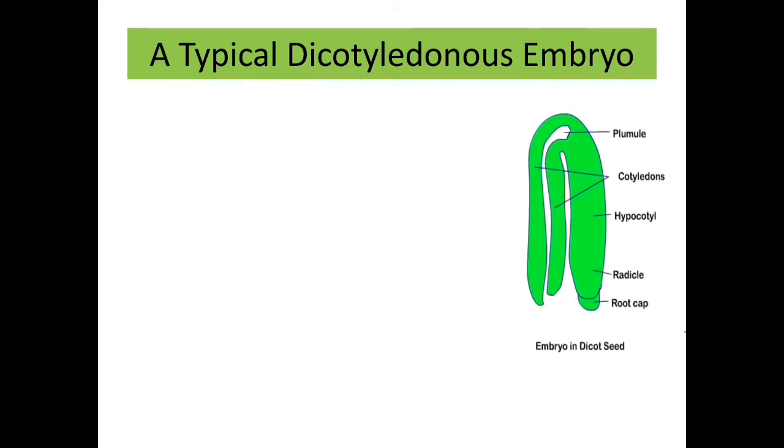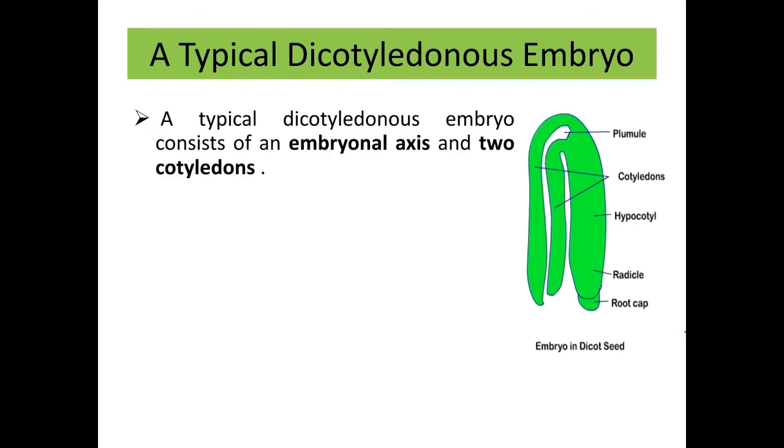Here is a diagram which shows a typical dicotyledonous embryo. A typical dicotyledonous embryo consists of an embryonal axis and two cotyledons. You may see in the diagram, two cotyledons are labelled and an embryonal axis is there.